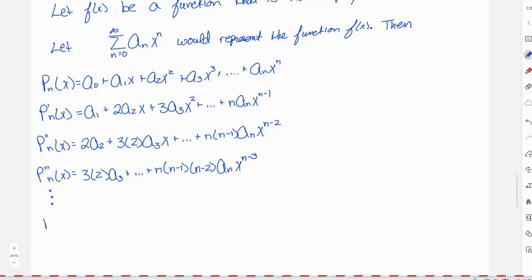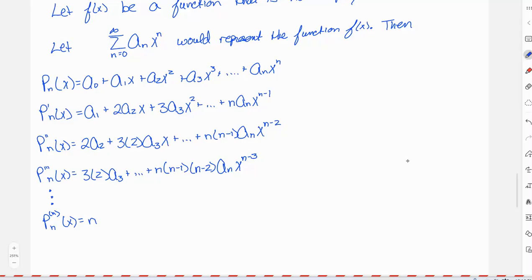So if I were to take the nth derivative of this polynomial representation of f of x, you can see what's happening with that last term. The third derivative was just 3 times 2 times a sub 3. The second derivative, that first term was 2 times a sub 2. The first derivative was a sub 1.